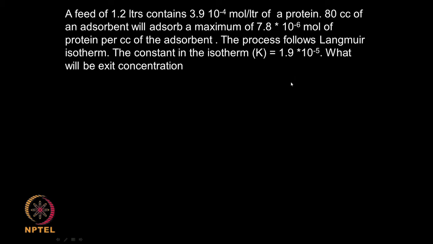Q is equal to Q naught x by capital K plus x. K is given here, and Q naught is given here, because I am saying maximum. So, simply, Q is equal to Q max x divided by K plus x, and then I use a mass balance again, W into Q.